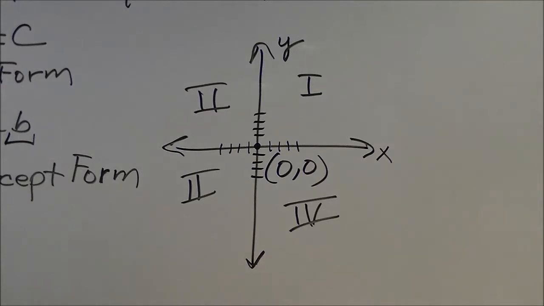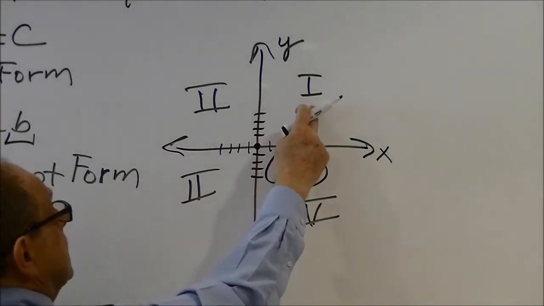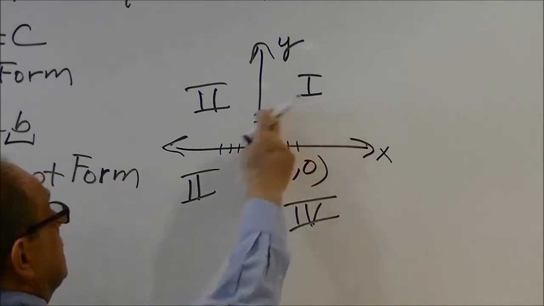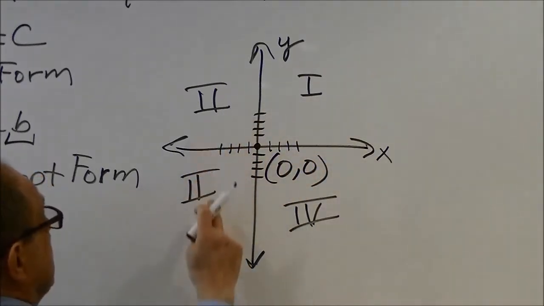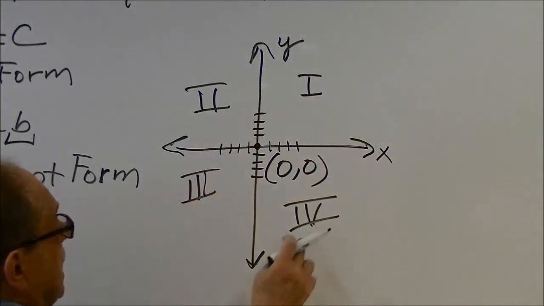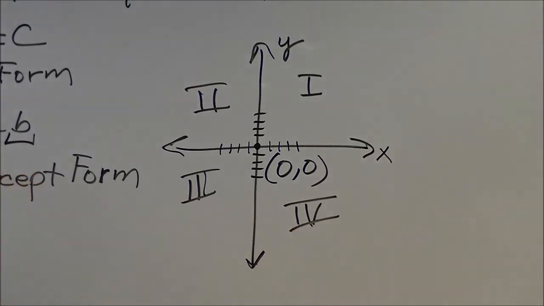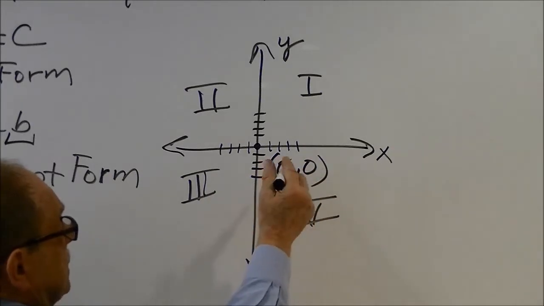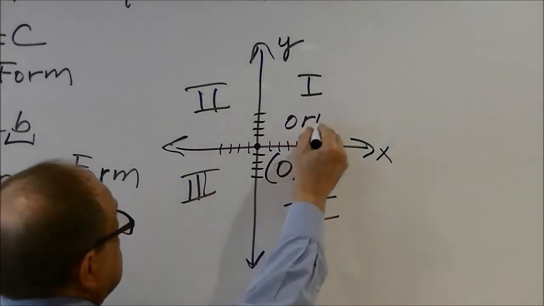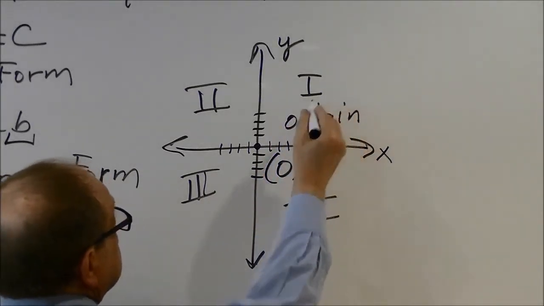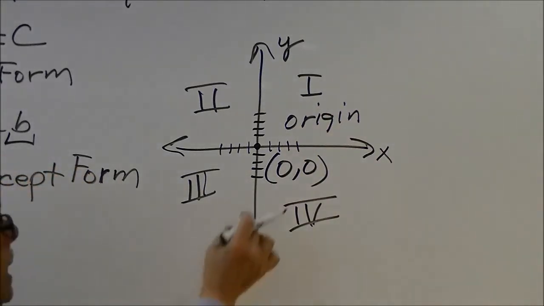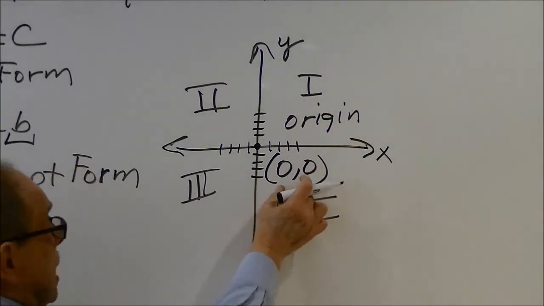Now this divides the plane into 4 regions or quadrants. And we label the quadrants starting here as I, II, III, and IV. The point of intersection is called the origin, and the coordinates are (0, 0).